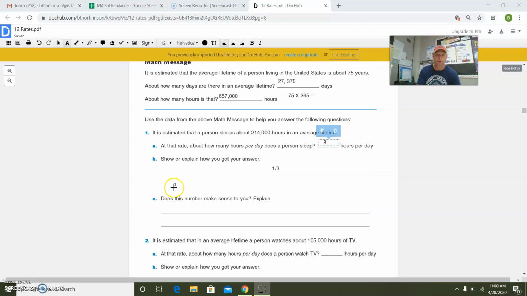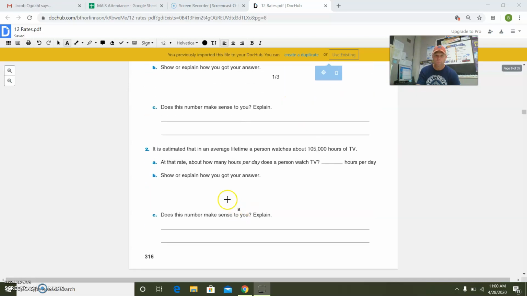Well, if we go up here and a person lives this 27,375 days, well, we would have to take 105,000 and divide that by the number of days, which is 27,375.